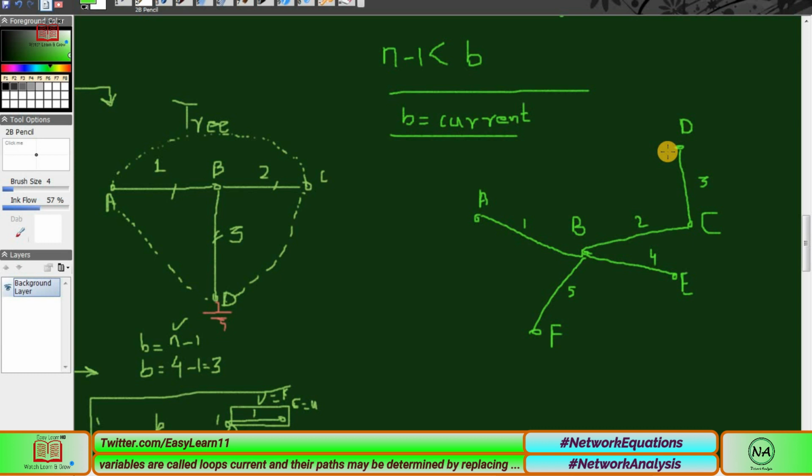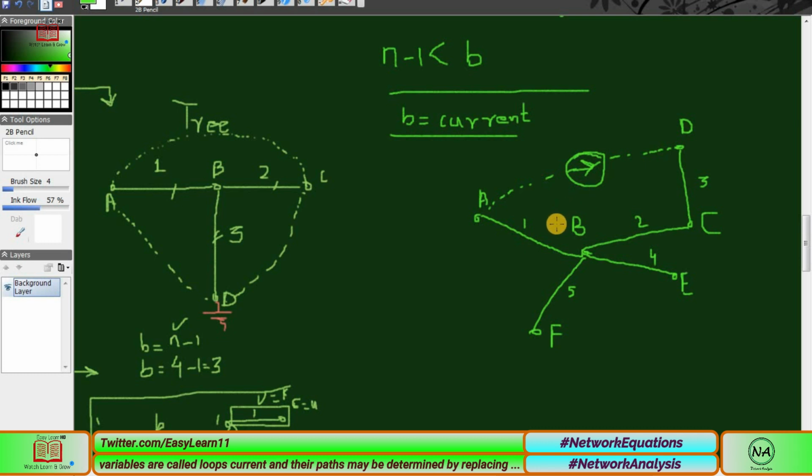That is the hidden line, represented by a dotted line, meaning there is actually a line, but while making the tree we skip that, and this line is called a chord. The chord is now highlighted again, because if we want to measure or calculate the current we need to identify the chord. For example, here we have a chord and like this, and this represents the current direction.